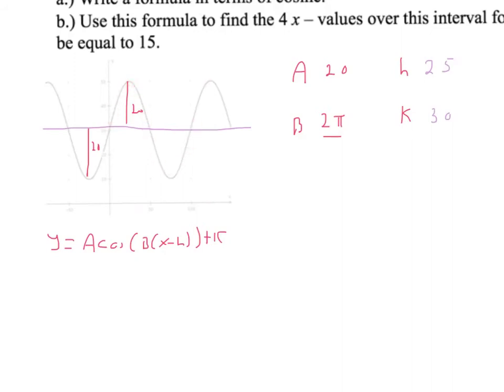And both of those should be a horizontal distance of 100, so we get pi over 50. Plus 30. So there's our equation in standard form.